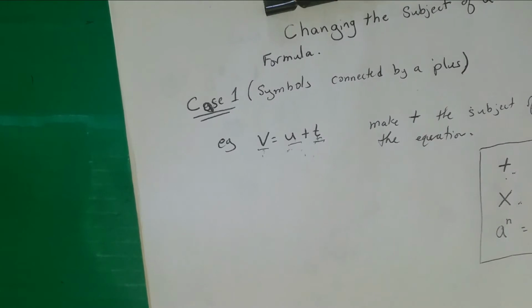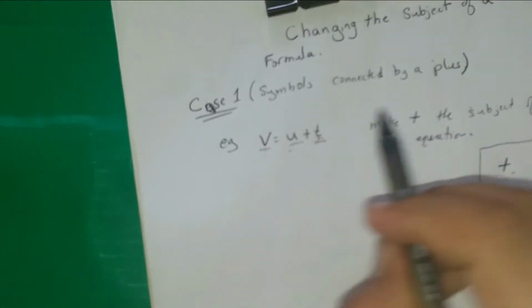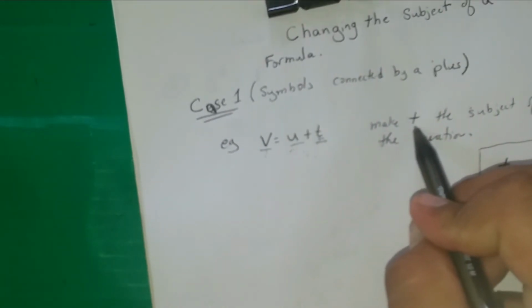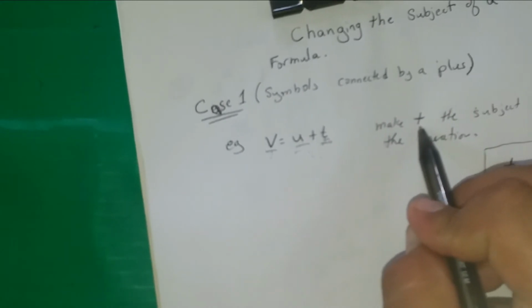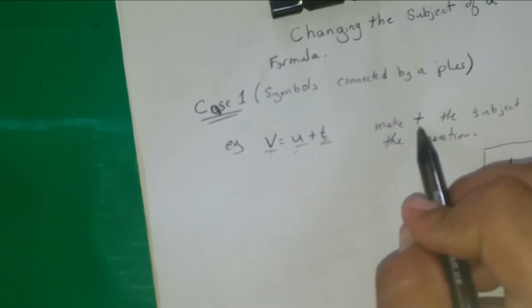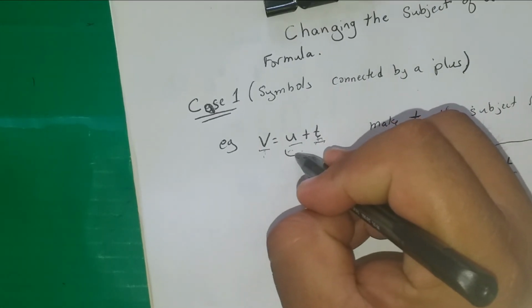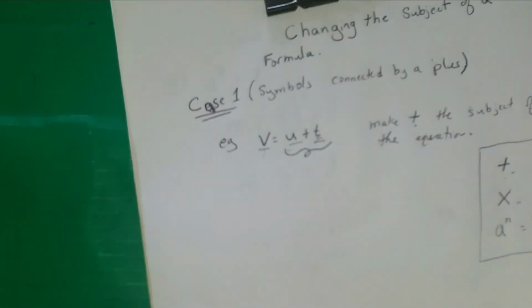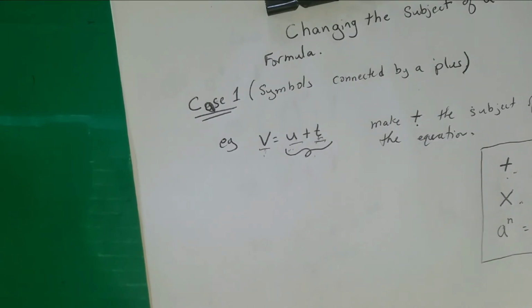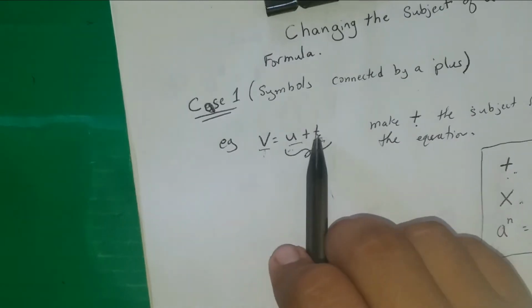How do I solve this now? Since I'm making t the subject of the equation, or I'm trying to leave t by itself, then notice that on the side where t is, I have that u plus t, right? What separates them is a plus.